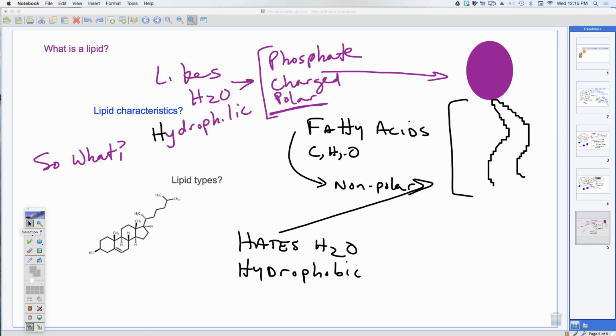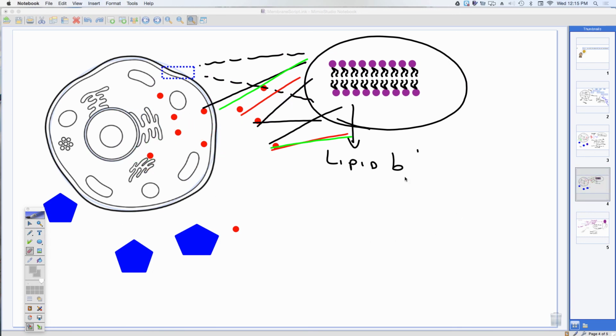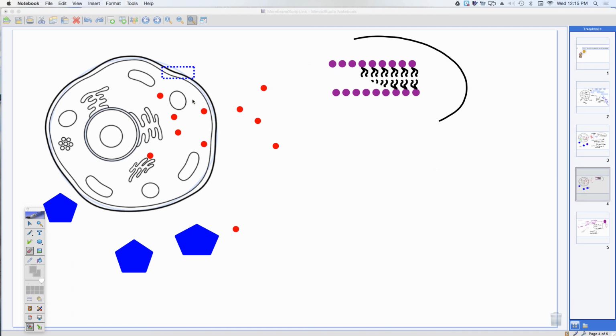So you might think, so what? Well, let's go back to the last picture where I showed you the membrane. And I'm going to erase all of these lines. Let's look at what's special about having this hydrophilic end and hydrophobic end. It's like I lost my legs with my phospholipids.